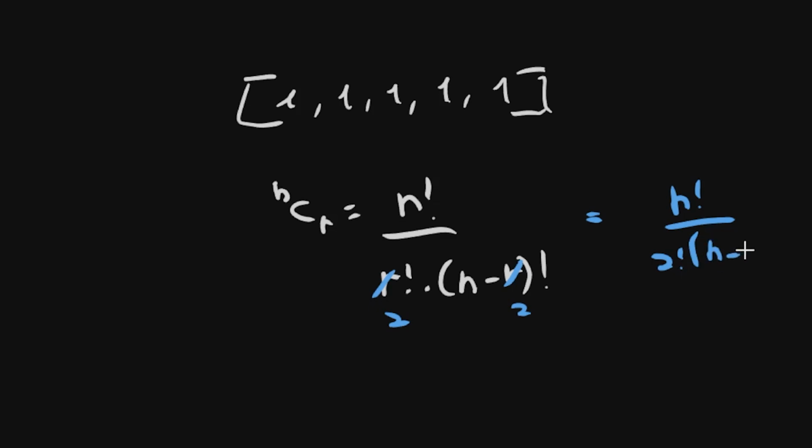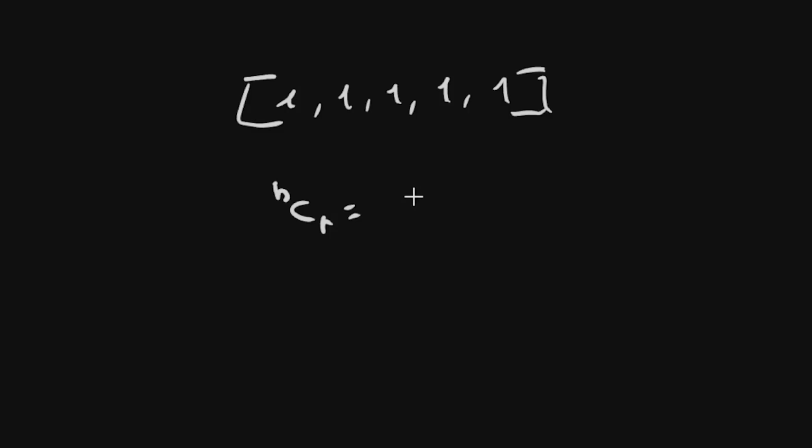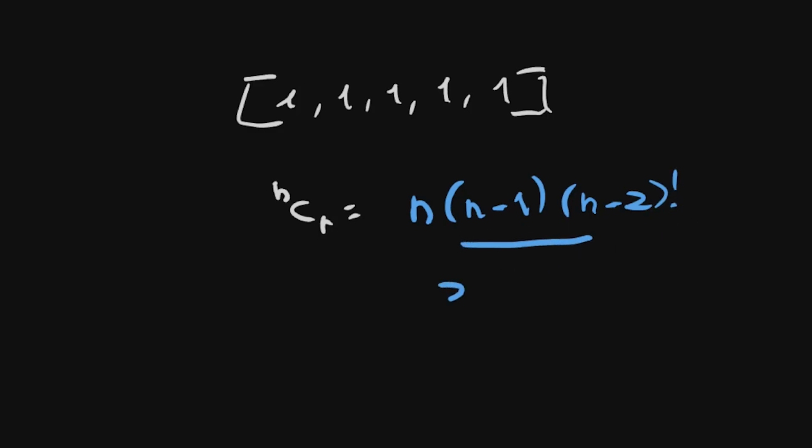n minus 2 factorial. This is the same as saying n times n minus 1 times n minus 2 factorial over 2 factorial times n minus 2 factorial.